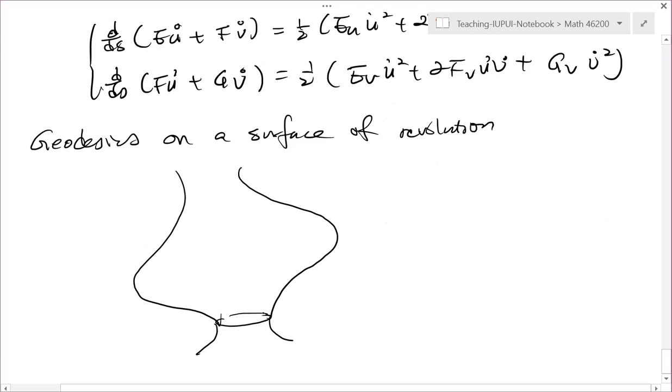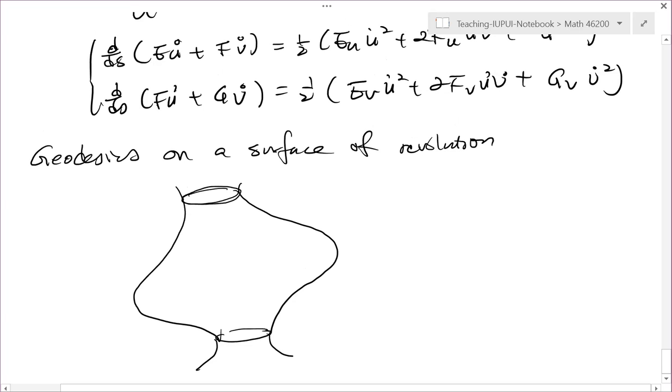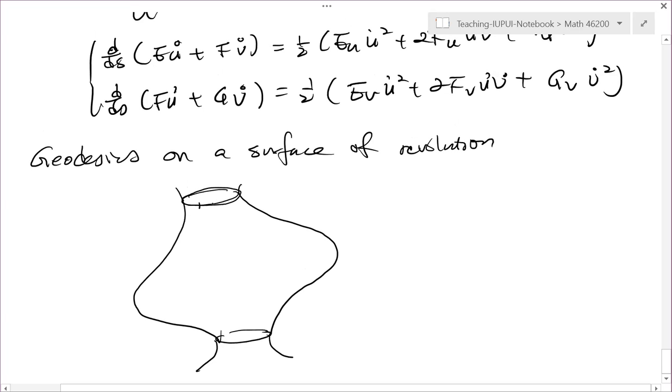By definition, if you have a curve, we imagine, it's obvious, right? Suppose this is the shortest loop. Why must this be a geodesic? Because if we have already proved the equivalence between definition 1 and definition 2, then it's easy to see the shortest loop, the shortest circle, must be a geodesic.